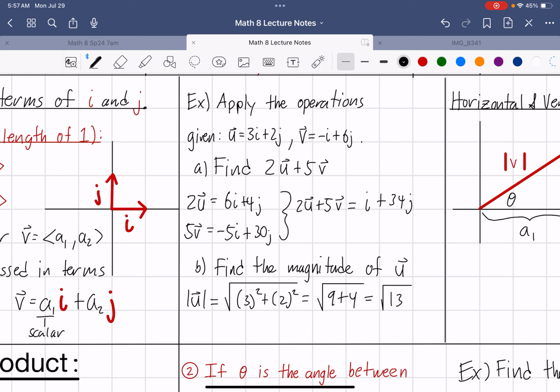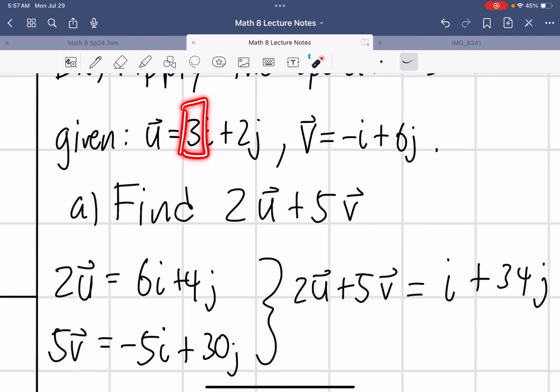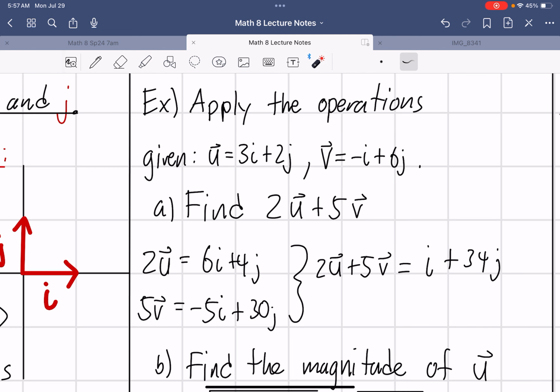Now, of course, this is great when you have those scalars, when we know the value of those scalars, because I then can scale i and j to the appropriate amount to have my vector in question. But sometimes maybe those components, those scalars, aren't known.